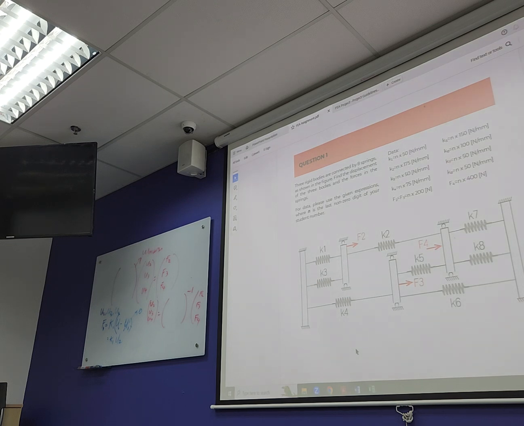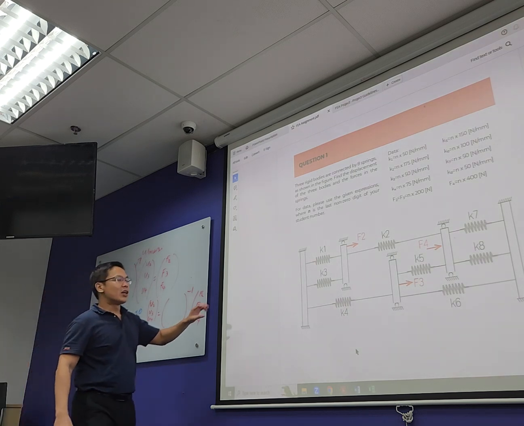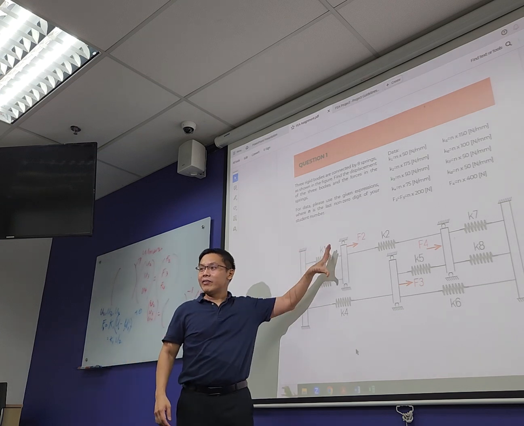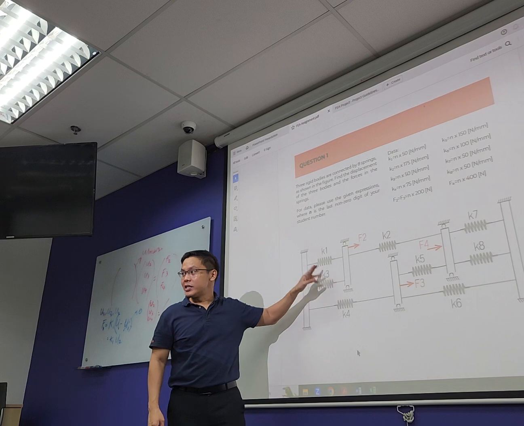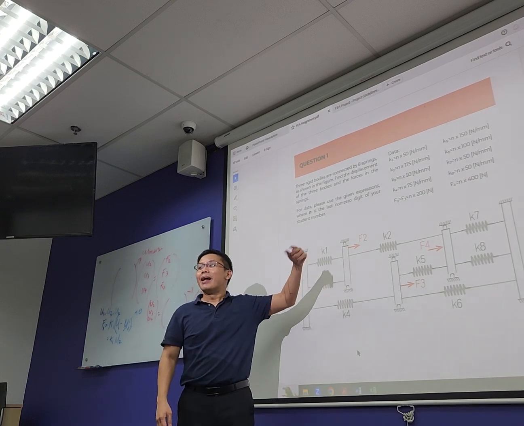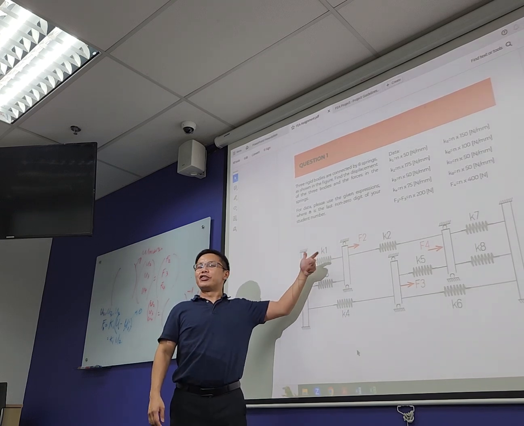You say F1 equals K3 bracket, then U2 minus U1. Correct. Alright, very good. Exactly. So you see, just now I said there's only one element here, strictly speaking, because it's K1 plus K3. This is U1, this is U2, but for the individual springs, you have an individual spring force.